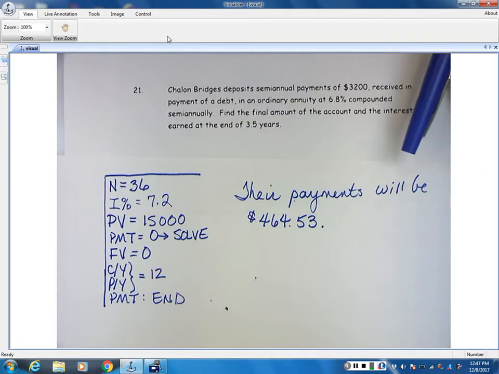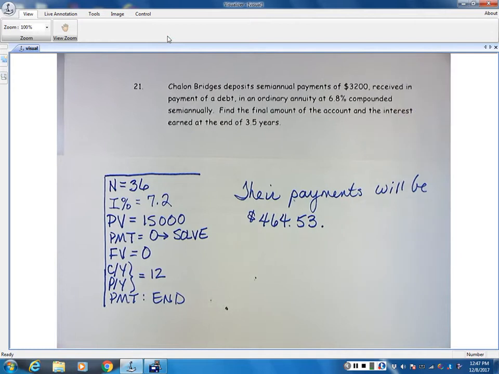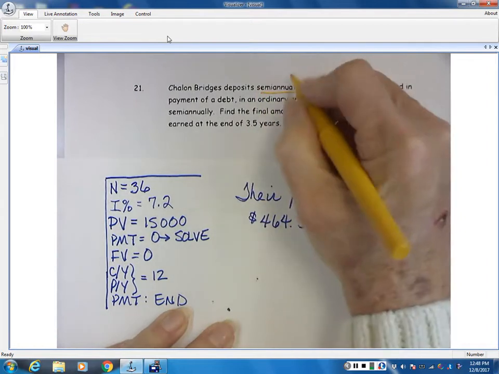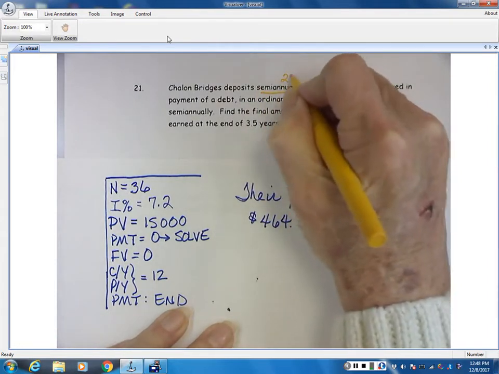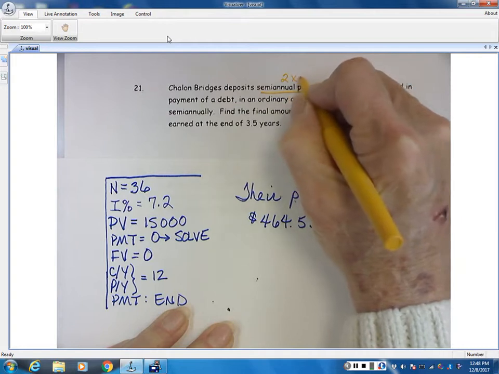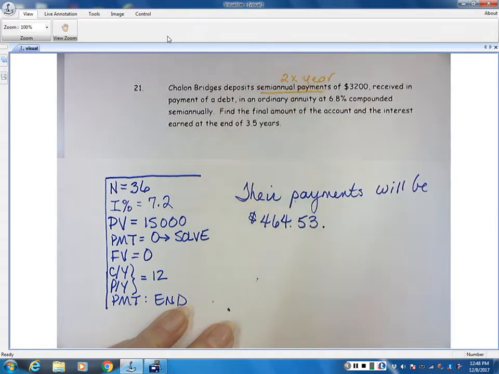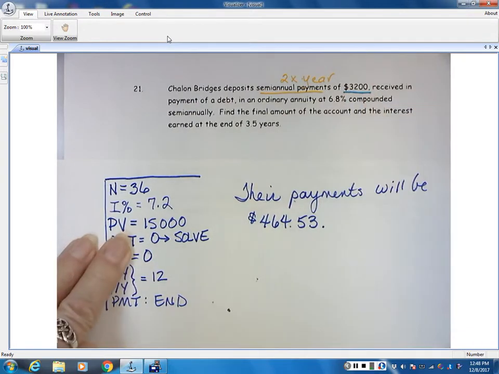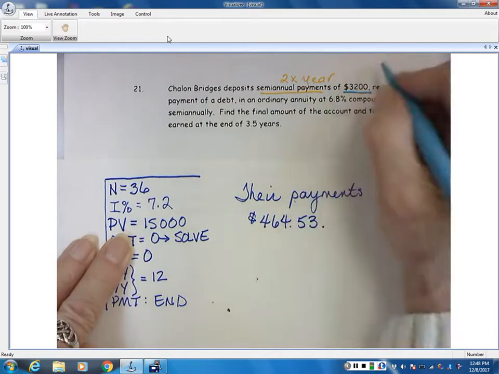But we're going to next do problem number 21. So I'll go through and mark what we know about 21. It says, Shalon Bridges deposits semi-annual payments, so that's twice a year, and those payment amounts are $3,200, so that's going to be cash outflow.